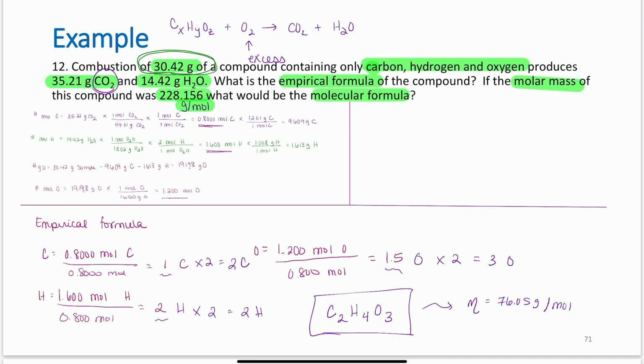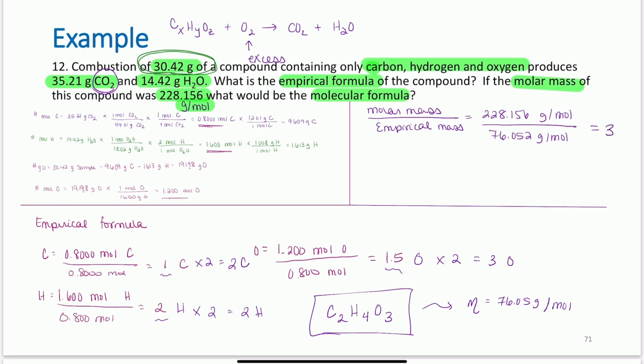So for your molar mass calculation, I want you to take your molar mass and divide that by your empirical mass. It's going to give you the ratio of the molar mass to your empirical mass. So I've got 228.156 grams per mole divided by 76.052 grams per mole.